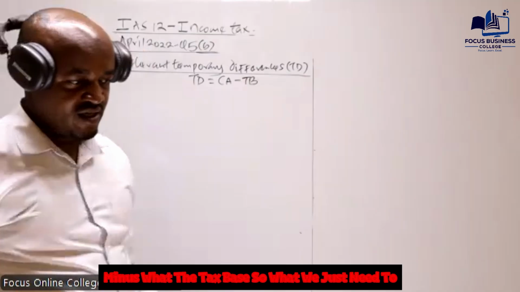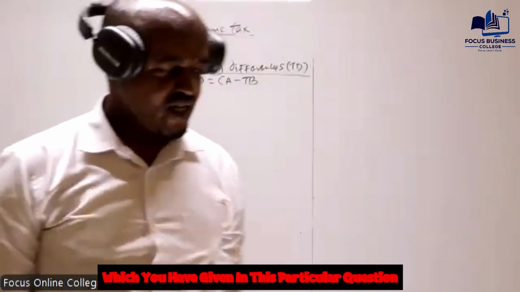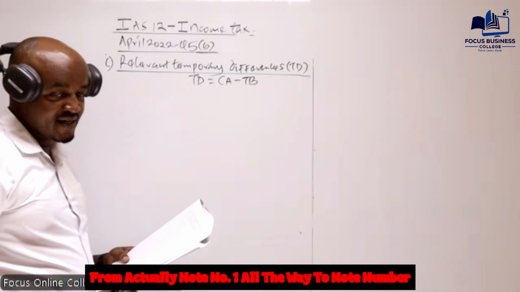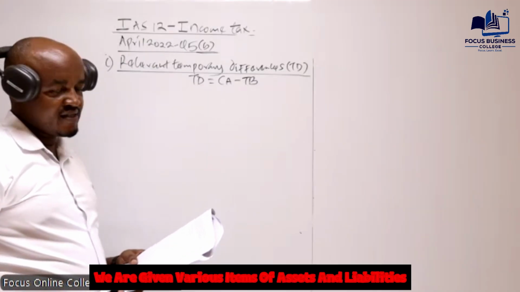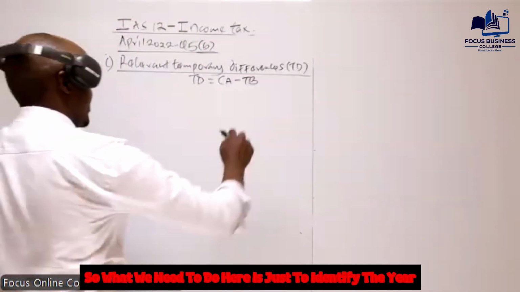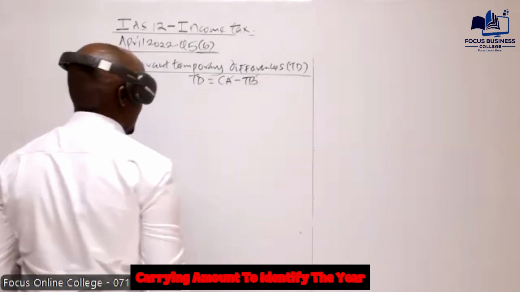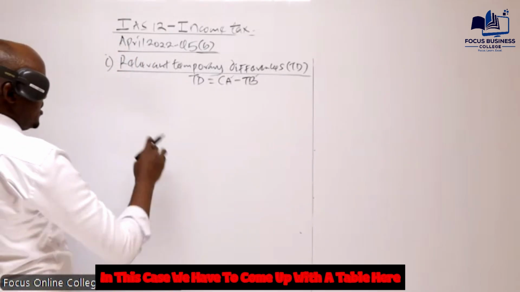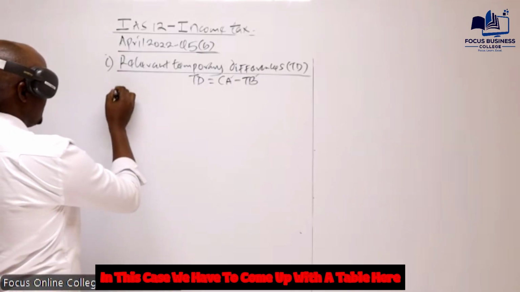So what we just need to do is to go through the information given in this particular question, from note number 1 all the way to note number 5, we are given various items of assets and liabilities. So what we need to do here is just to identify the carrying amount, to identify the tax base, and then we get the temporary difference. So in this case, we have to come up with a table here.